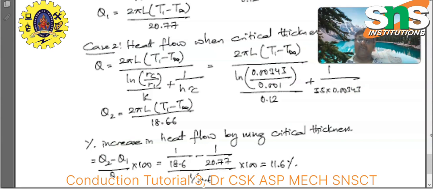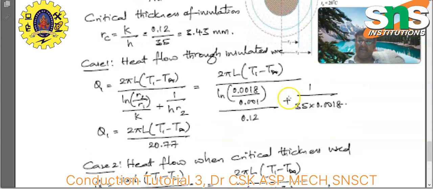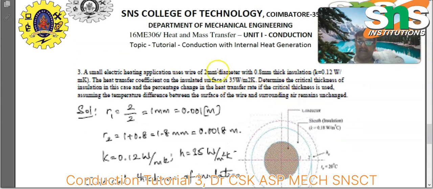So Q2 minus Q1 divided by Q2, multiplied with 100. We get the percentage value as 11.6. So this 11.6 is the answer they have asked here.